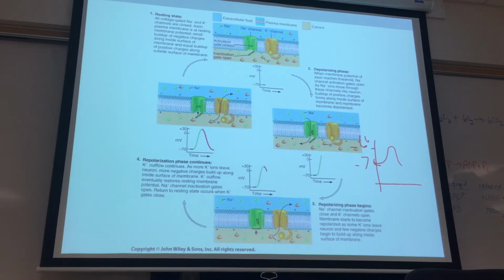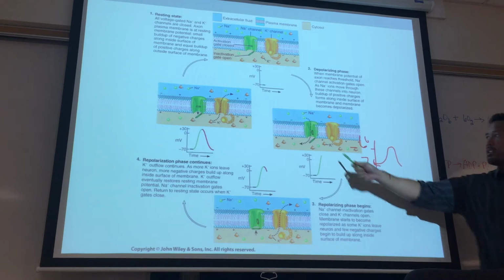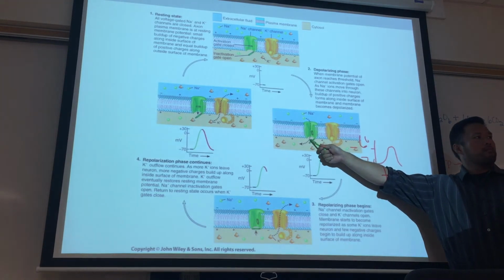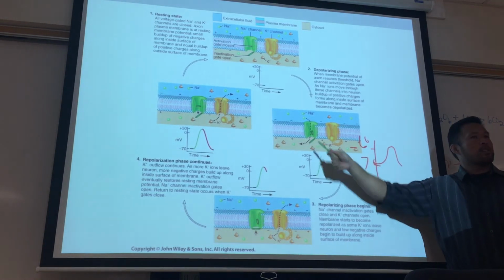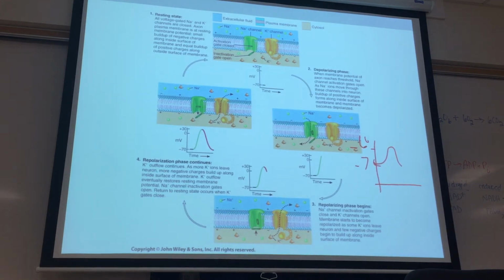But there's a point at the membrane potential that elicits a major change. And that change is the number of our voltage-gated sodium channels. The number that you're going to see on Thursday is negative 55.